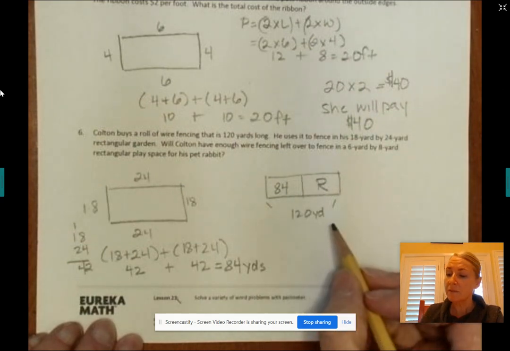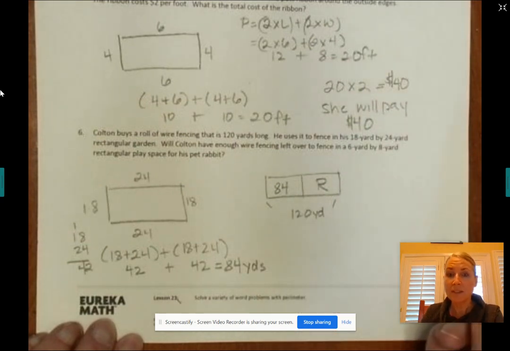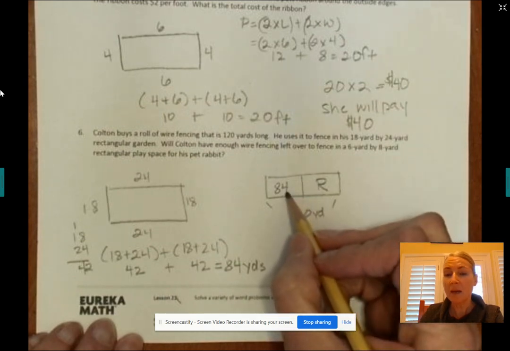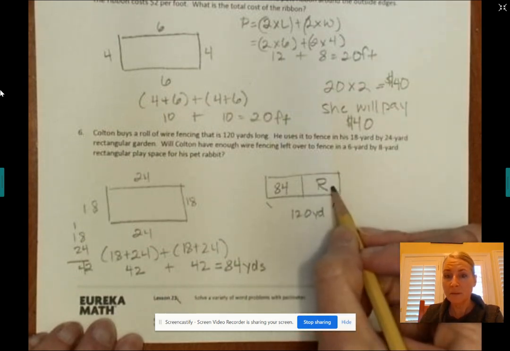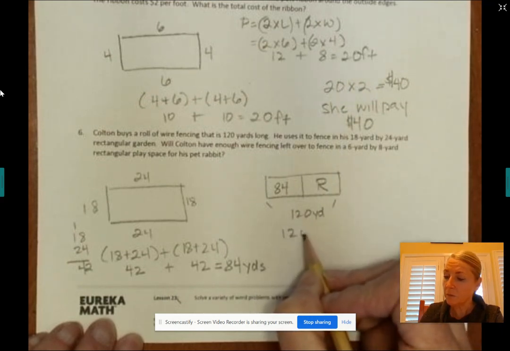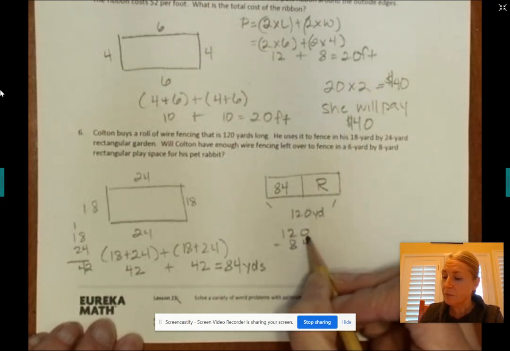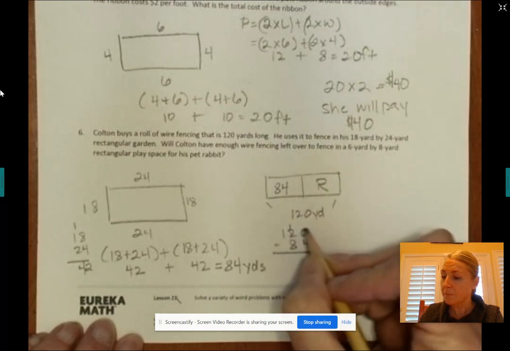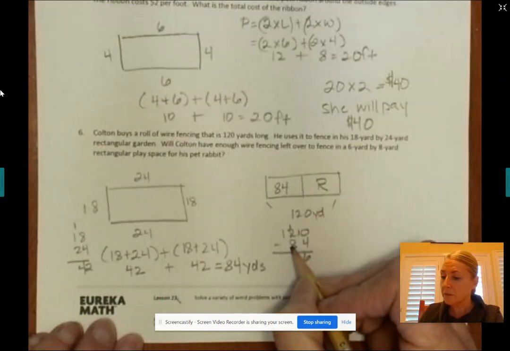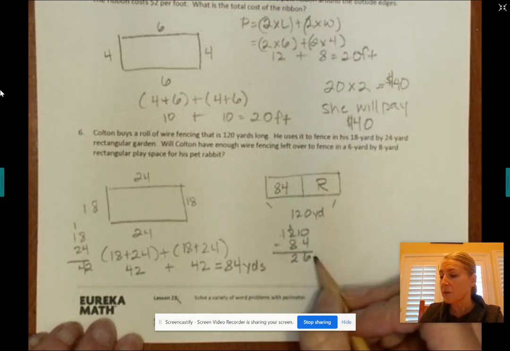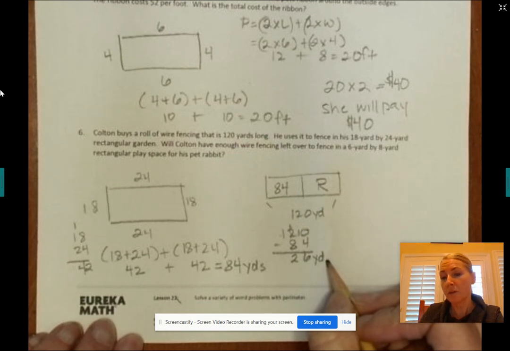So let's figure out how much fencing he has left over. When we have a part and an unknown and a total, we use subtraction to find it. So 120 minus 84 equals 36 yards is what he has left over.